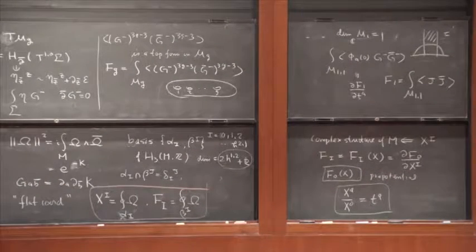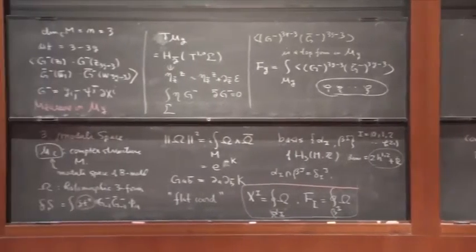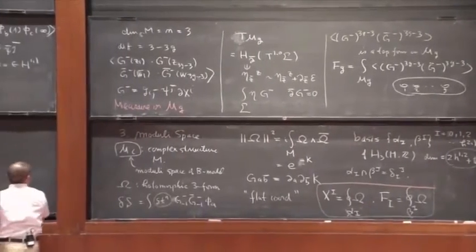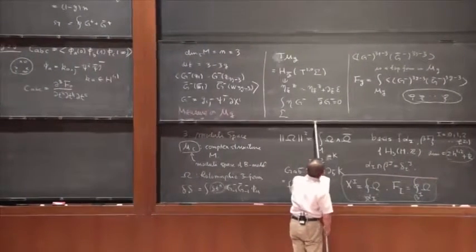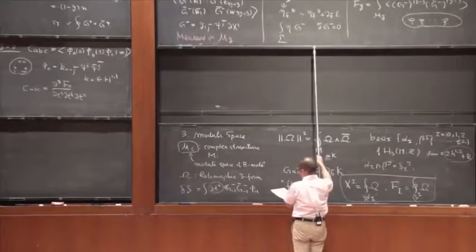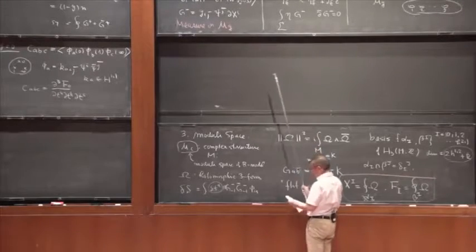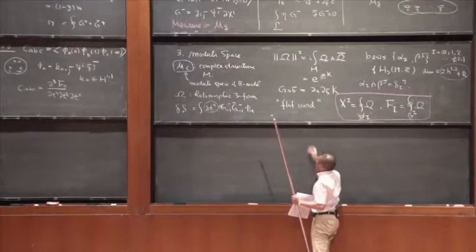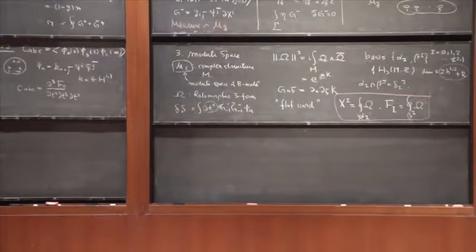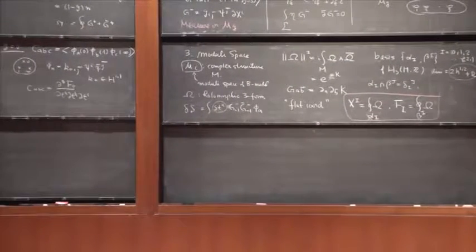Now, since this choice of coordinate xi depends on the choice of this basis of H3, it's not a globally defined function on the moduli space. It depends on the choice of the basis. But there are quantities that you can compute that are globally defined in the moduli space of Calabi-Yau.